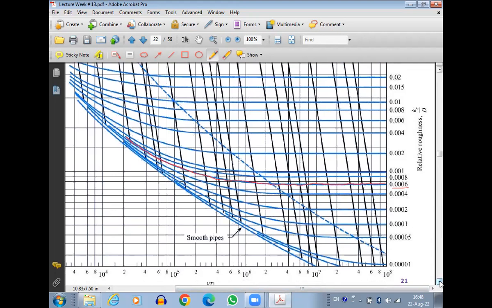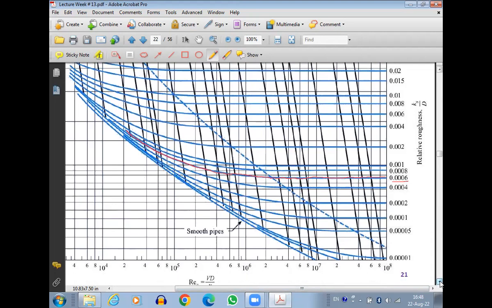So now let's try to figure out where it is. We're talking about 10^5. So this is 10^5. This will be 1 × 10^5, 2 × 10^5, 3 × 10^5. So 3.18 would be somewhere here.